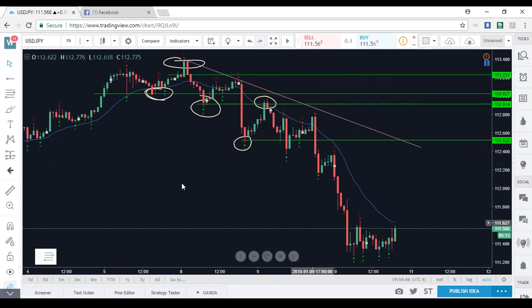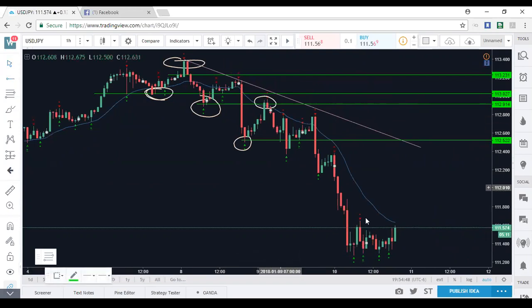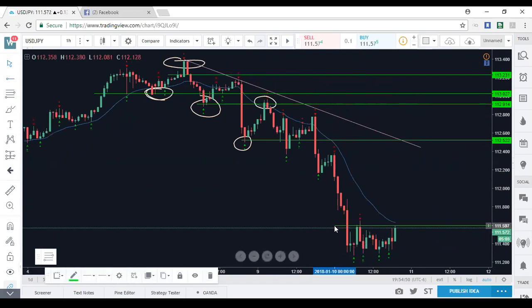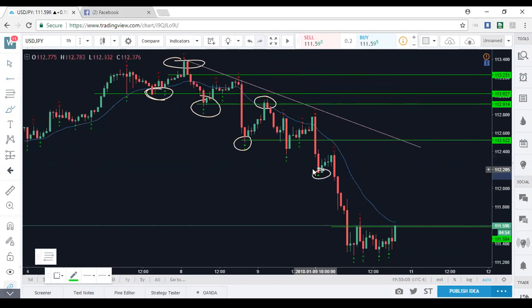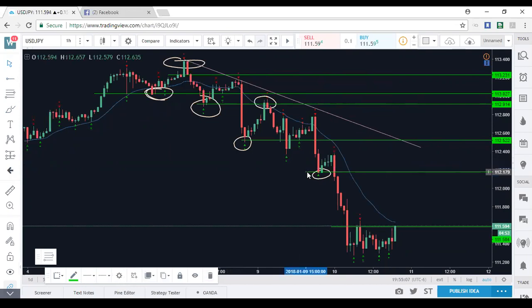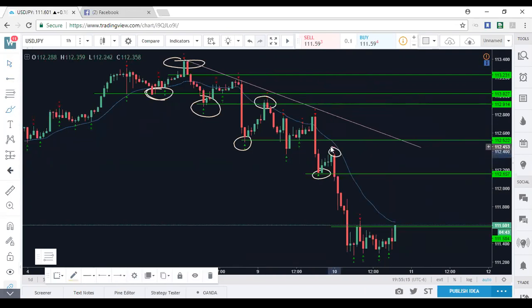If price breaks above this line right here, expect it to come up and test the bottom of this area, which was once support. Notice though, what's right here? A lower high.